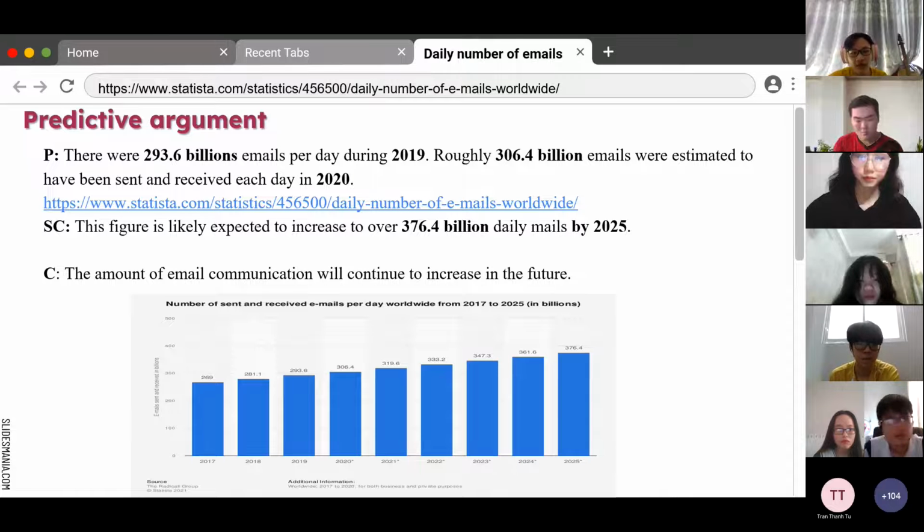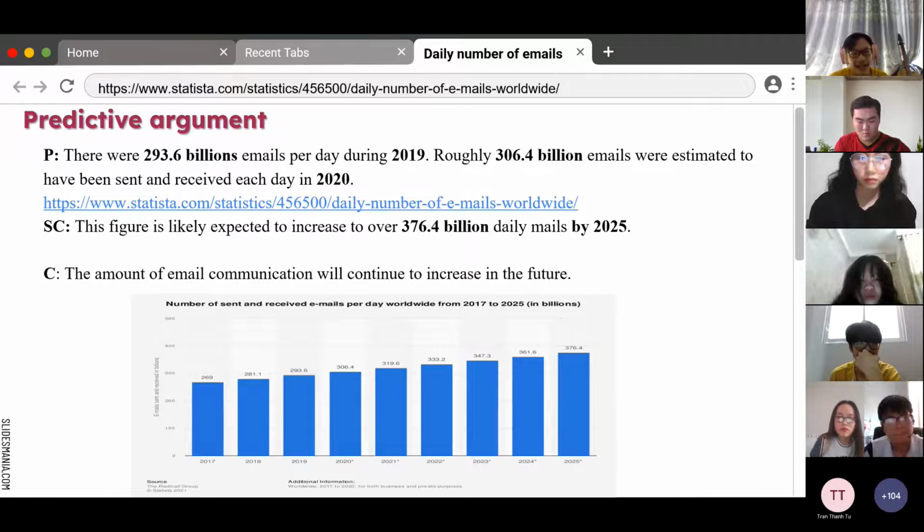Even though this argument contains a prediction, it is clearly deductive because the conclusion must be true if the premises are true. Then looking at the table, we see that the rate of sending and receiving email had increased steadily with no sign of decrease over time from 2017 to 2025.